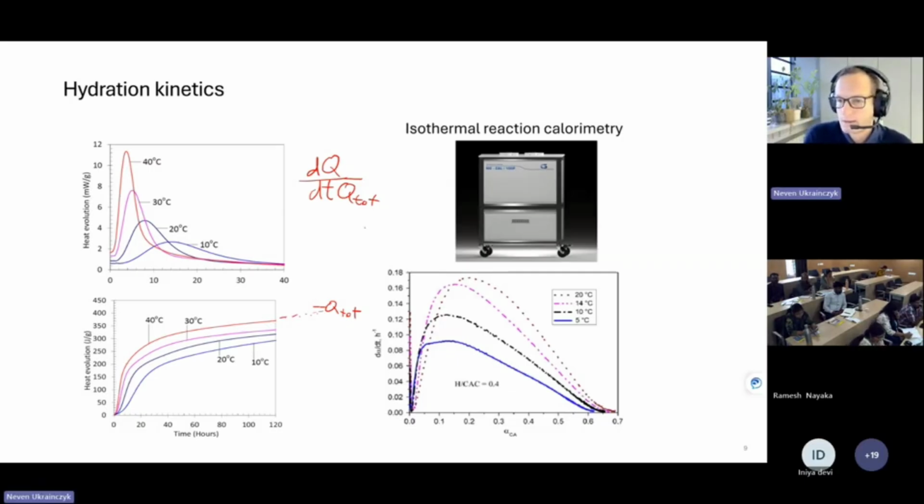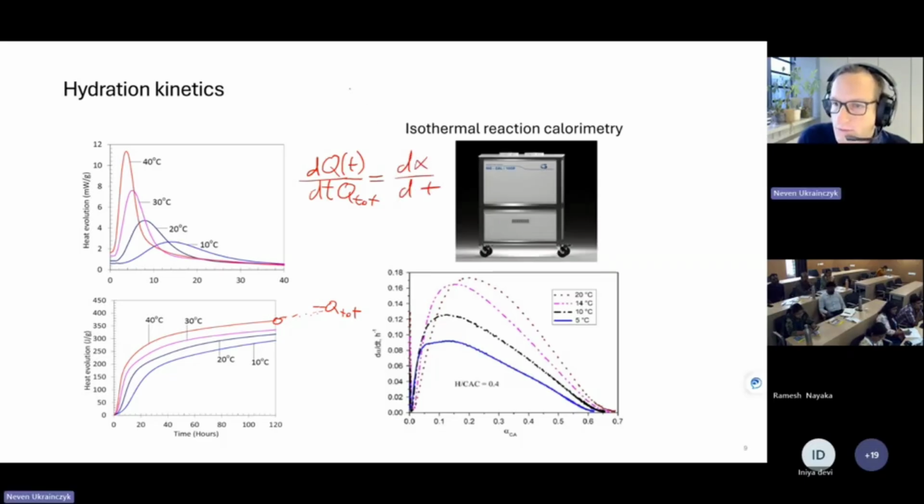And then with this, or you can just take the final value, you can say this is my Q tot, but then you should remember that your degree of reaction is not the real final degree of reaction. And then you basically get, because the Q is in time, in every time, and this is the final point, you will basically get the alpha dt.